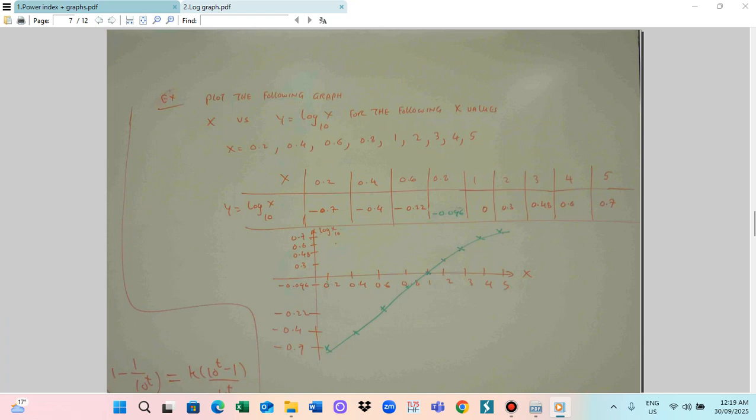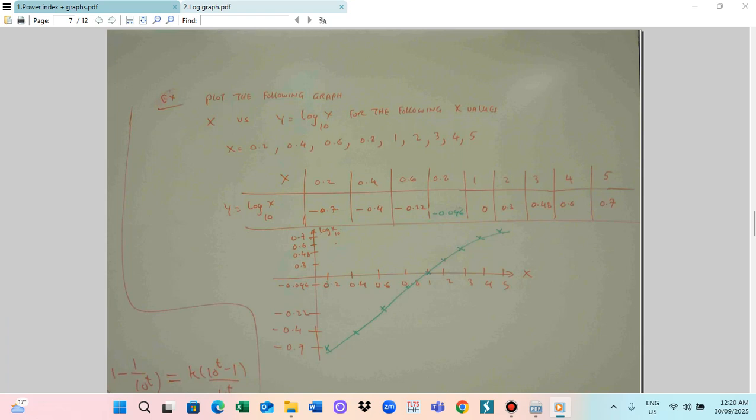And minus 0.47, and 0.3, and this is 0.48, 0.6, 0.7.